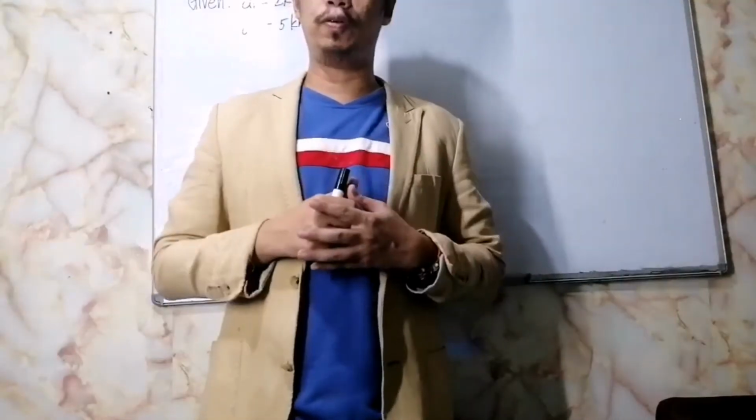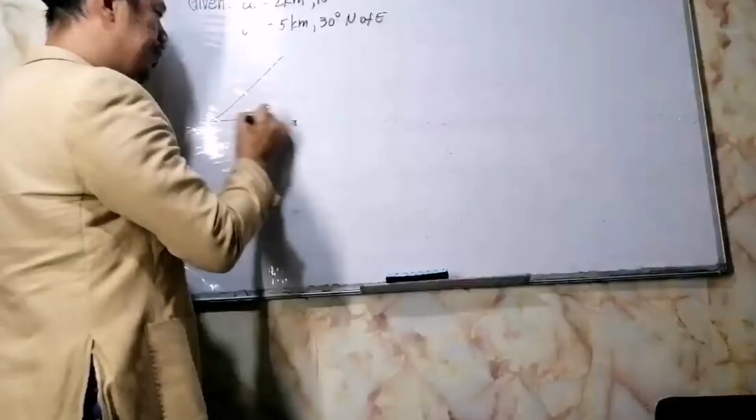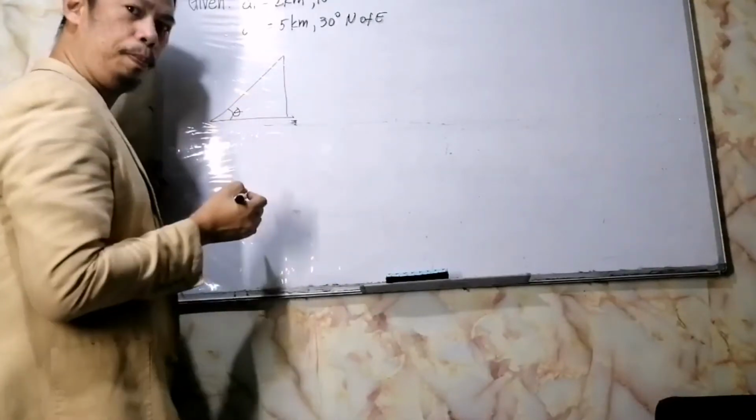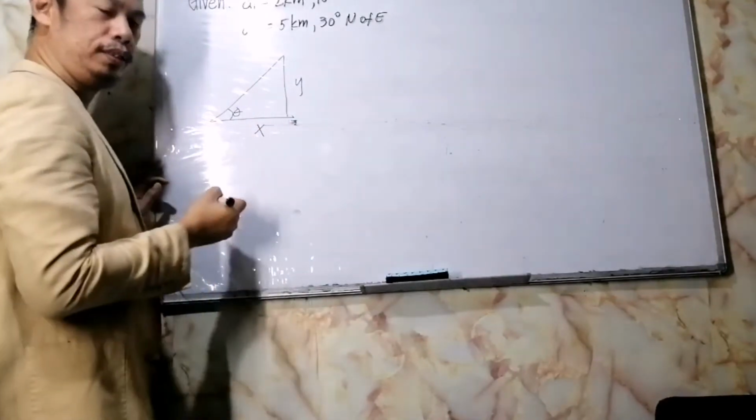Now, let's go over to the problem solving. But before we go to it, let's have some important things that you have to remember. There are always two components, the Y component and the X component.